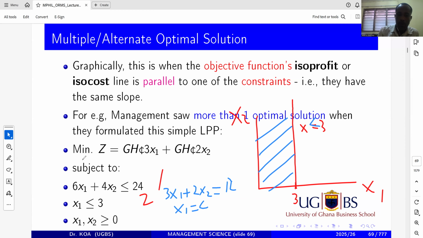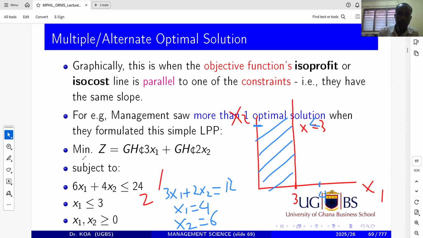It'll be 4. Somebody mentioned 6, but I saw the figure as 12, sorry. If x1 is 0, what is x2? 6. So you now plot these two. x1 is 4 and 0, that will be here. And then x2 is 6, that will be somewhere there.